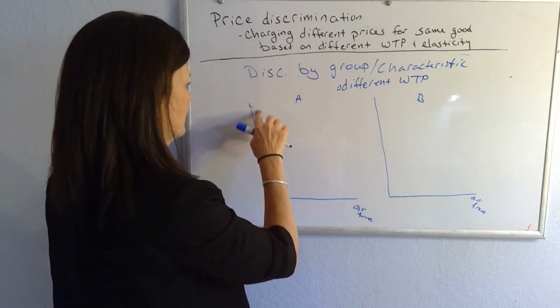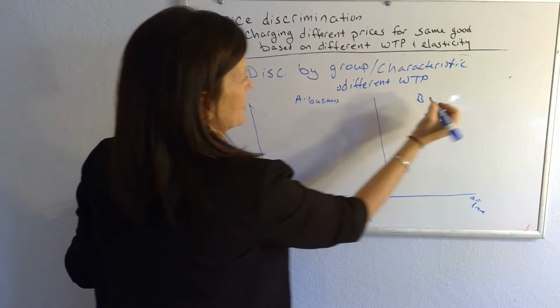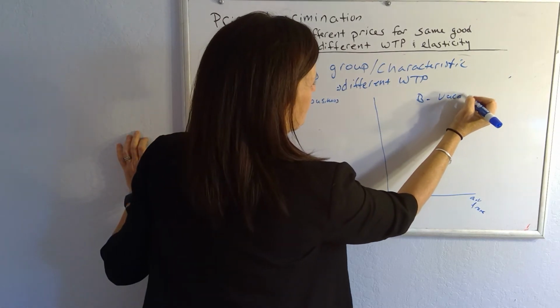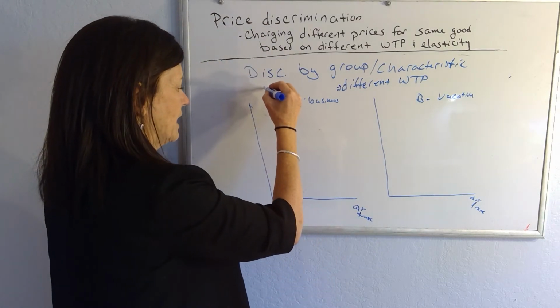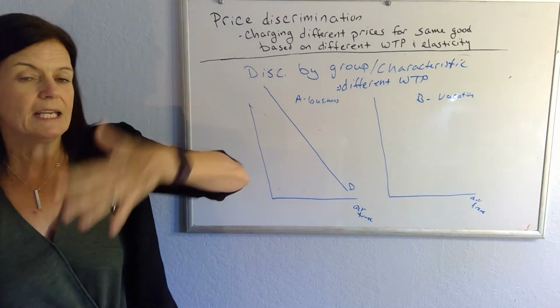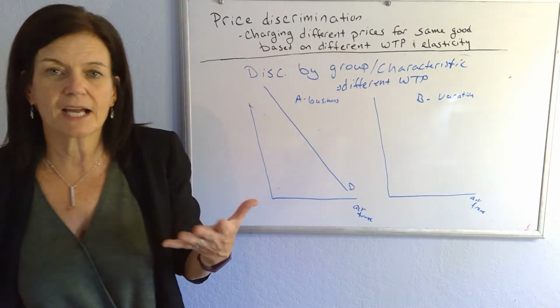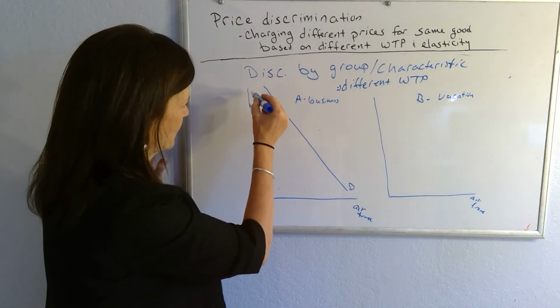And one group is the business travelers, and one group is the vacation travelers. And the business travelers are going to have a pretty high and pretty inelastic demand. They need to go where they need to go. If the price is higher, if you have to be there for business, you kind of have to be there for business, and the firm's paying.